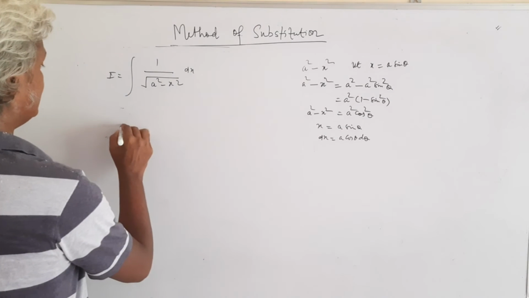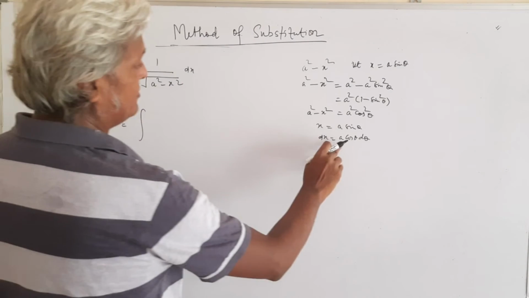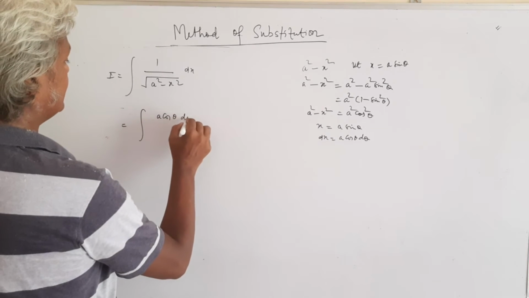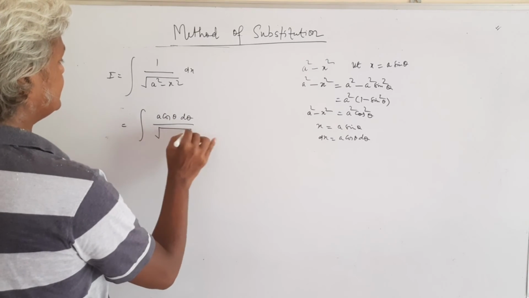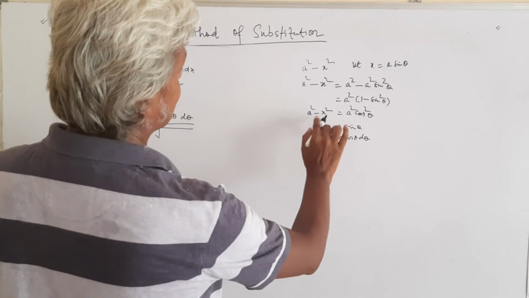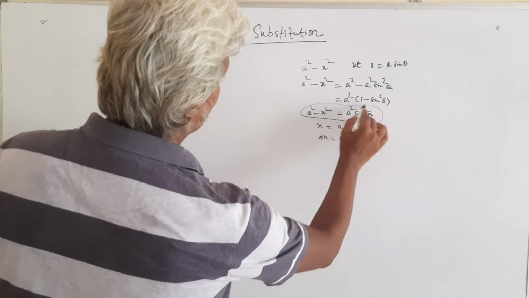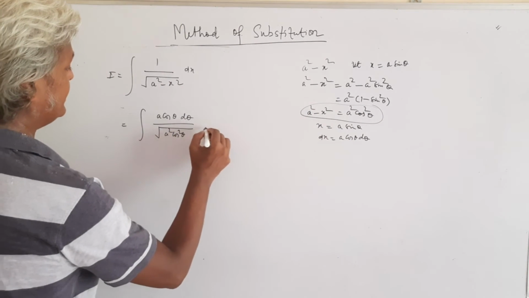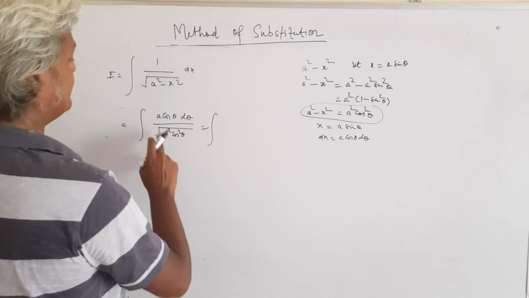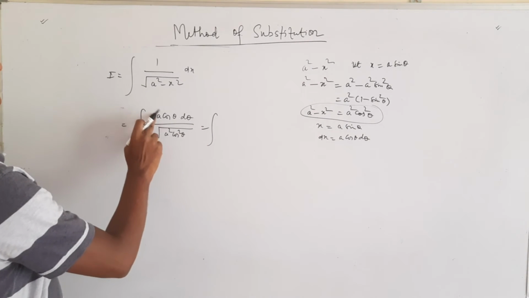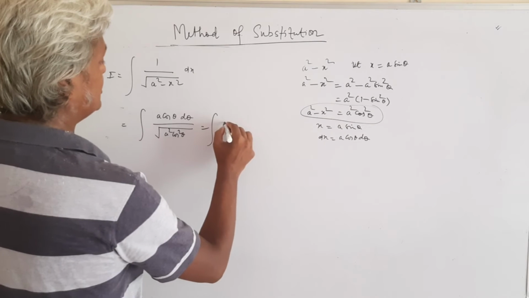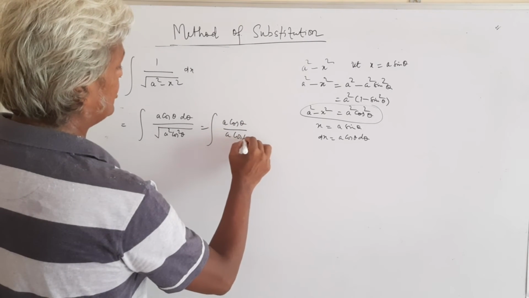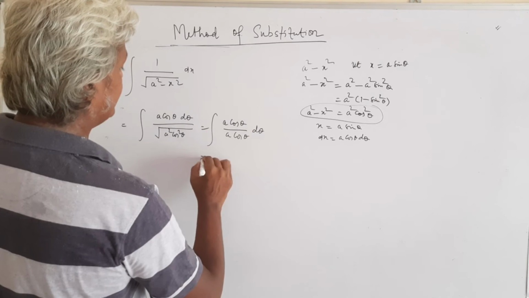So our expression now becomes, in place of dx we write a cos theta d theta, and inside the square root, in place of a square minus x square, you write a square cos square theta. So this is the square root of a square cos square theta. So this becomes a cos theta over a cos theta d theta.